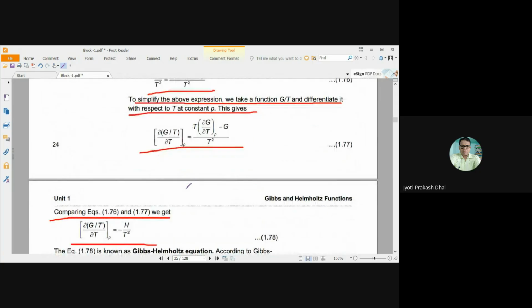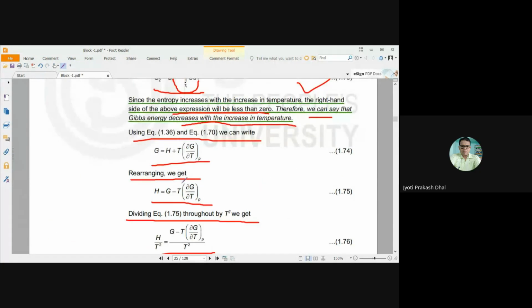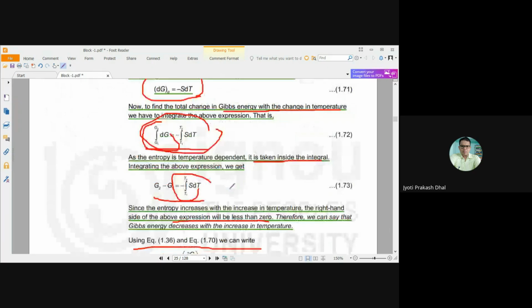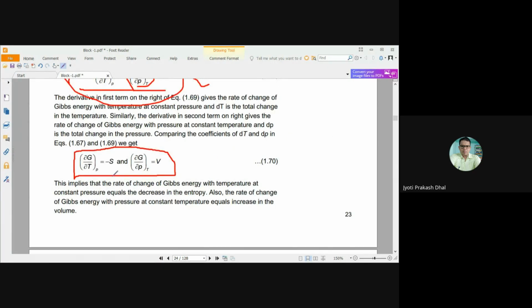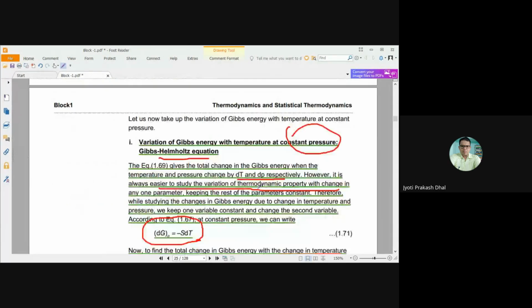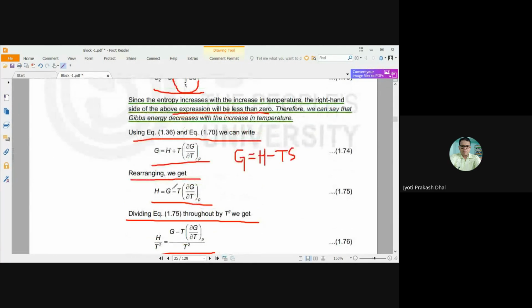So putting this in place of minus S, we can write G equals H plus T (del G by del T) at constant pressure.